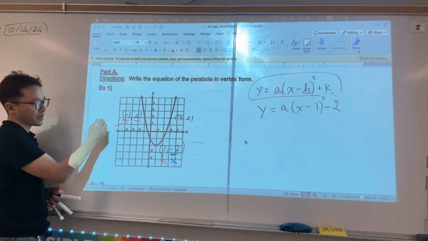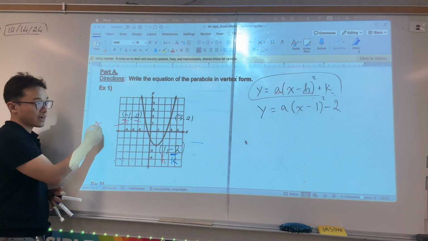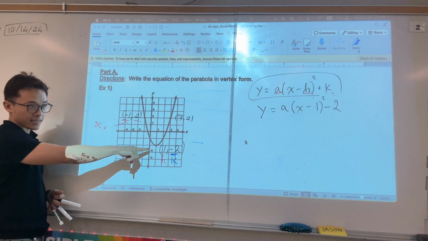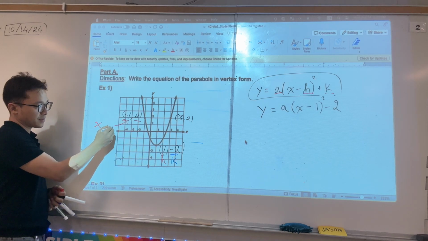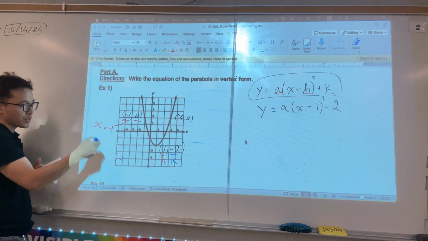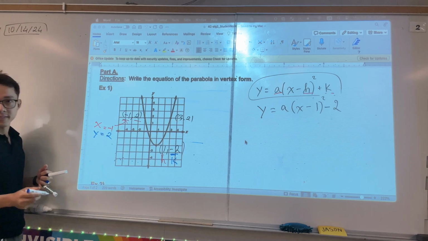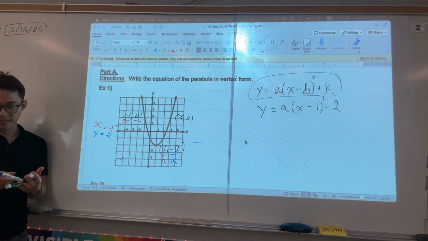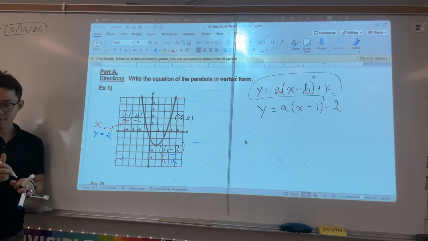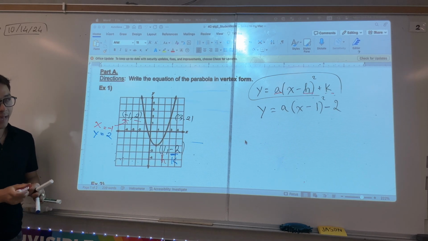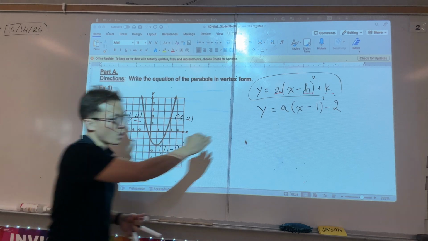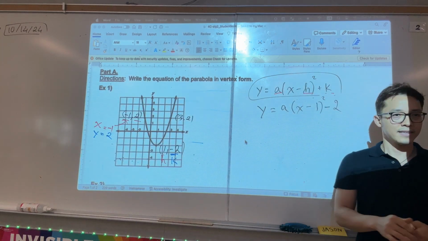What is the negative 1? No, h and k is the vertex. x is negative 1, and y is 2, right? 2 is the y. So what next? I'll give you more of a hint. Remember, we need to find the a, and we already got to this step.